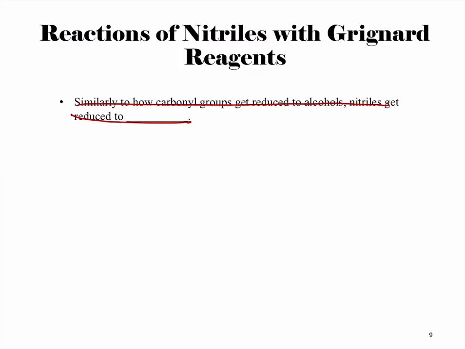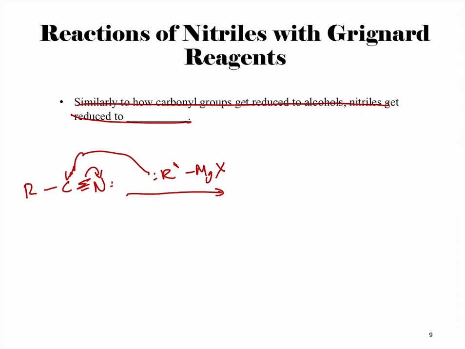this is kind of the reverse of that reaction. So if we have our nitrile and our Grignard reagent, R prime MgX, I was going to put MgBr, but it could be any halogen, R prime. This is going to attack the very electrophilic nitrile carbon and create our imine sp2 intermediate.